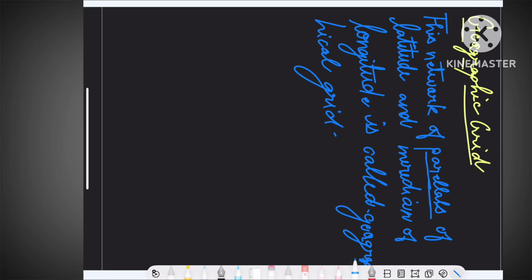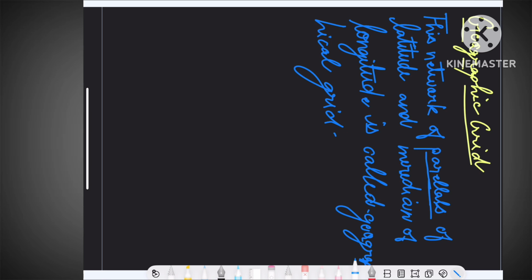While writing the value of latitude of a place, it is followed by a letter N or S. These letters indicate the position of the place concerned, north or south of the equator.